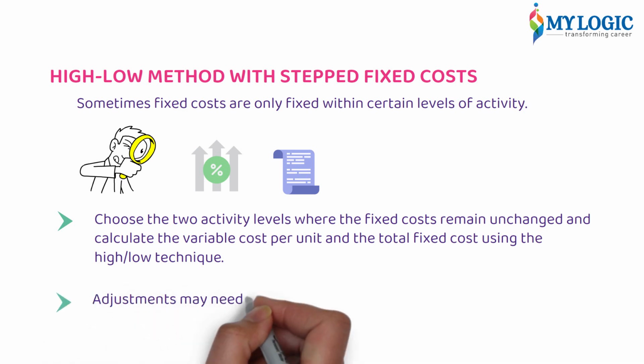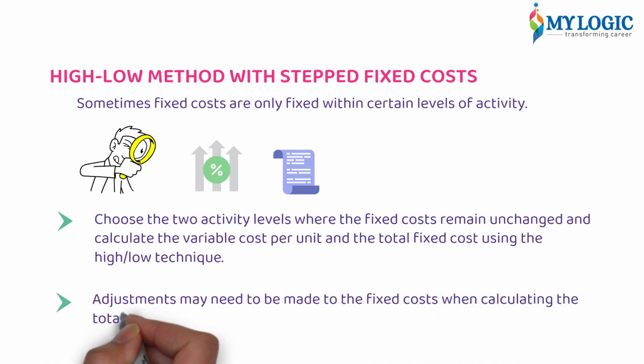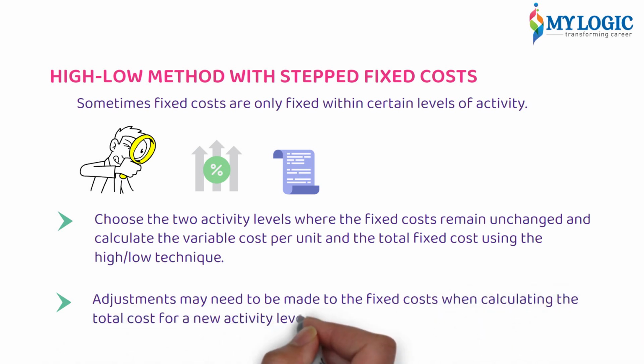Adjustments may need to be made to the fixed costs when calculating the total cost for a new activity level. An example would help you understand better.